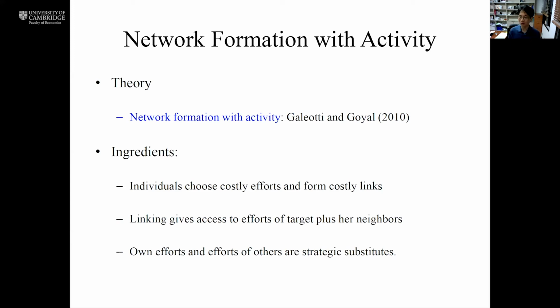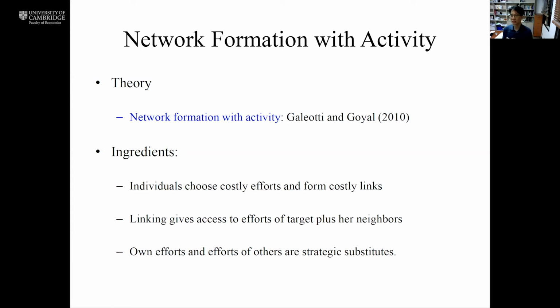The main ingredients of the model are that individuals choose costly effort and also form costly links. And the linking gives access to the efforts of the target person that you connect to, but also the efforts of her neighbors. So there is a direct benefit from linking, but also an indirect benefit from the target's neighbors.